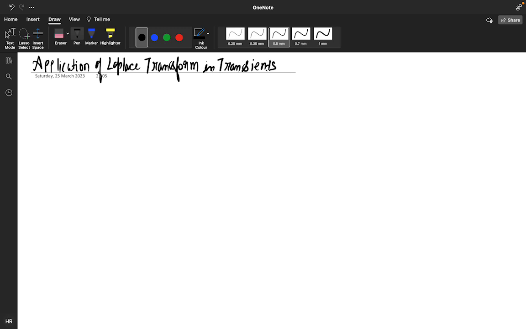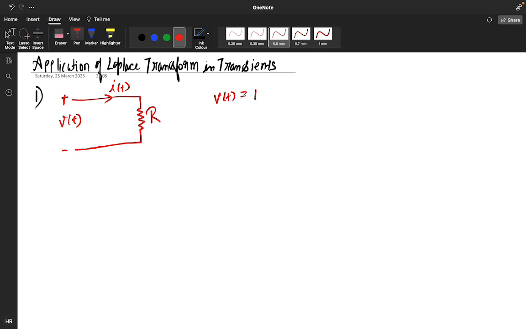Okay. So, suppose I am giving you one circuit. My circuit is like this: I of t, it having a resistance R, and positive to negative it's V of t. So V of t is equal to R into I of t.